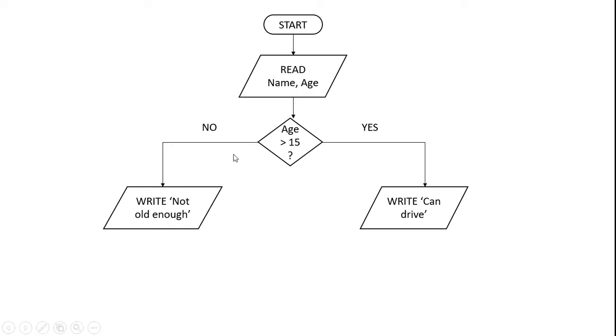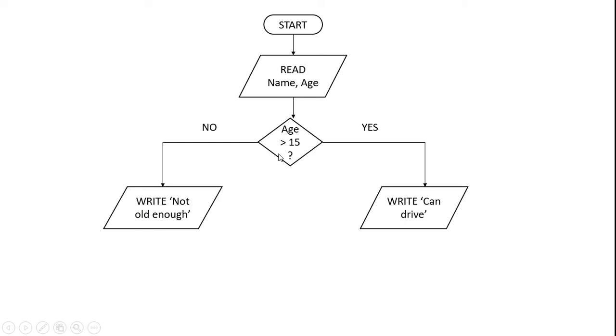So on the other side, we've got no. So again, if they typed age 14 here, it would say age greater than 15? No, it's not. So it would send it over here to the no side, and they would see, if this was actually executing in a program, this message here, right?